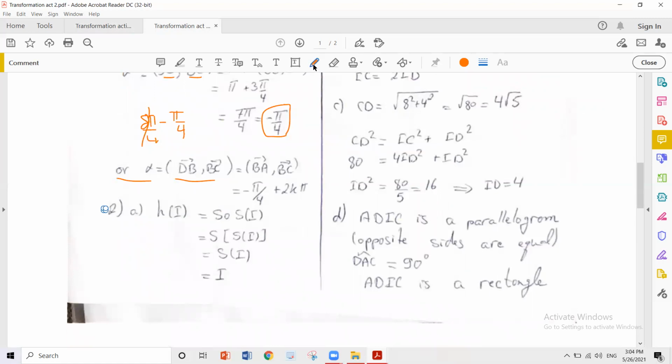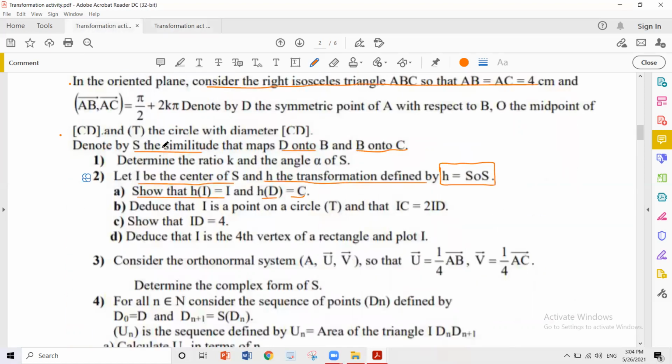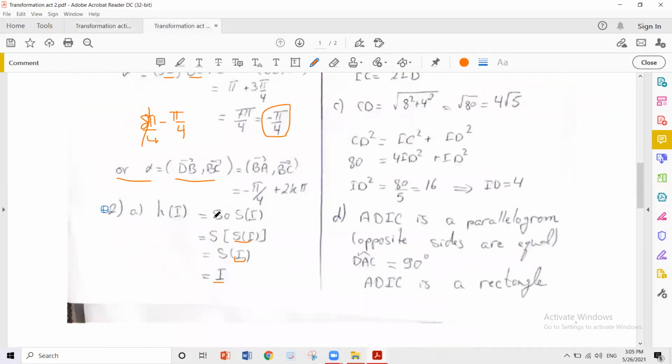So H of I equal S round S of I, equal S of S of I. Since I is the center, S of I equal I, and S of I equal I once again. So we get I.